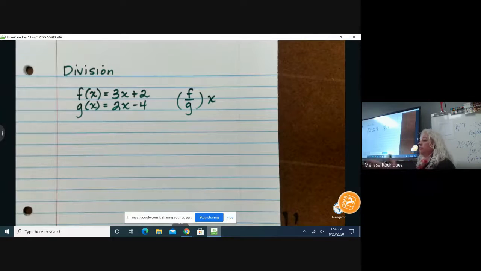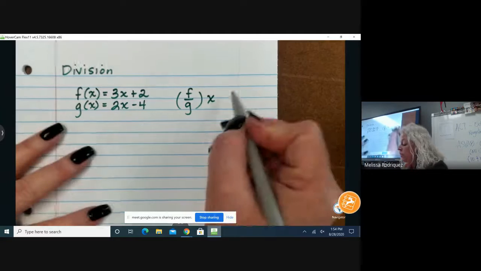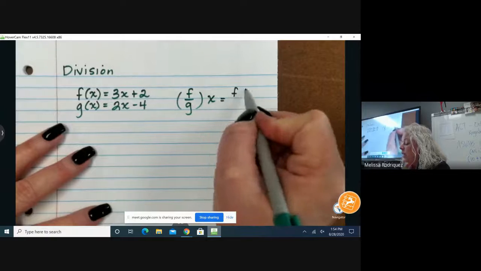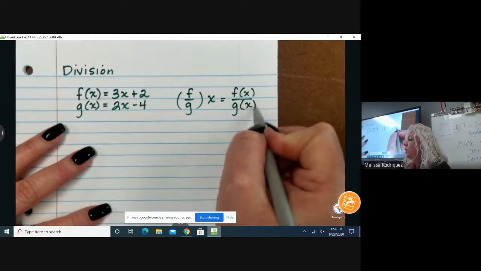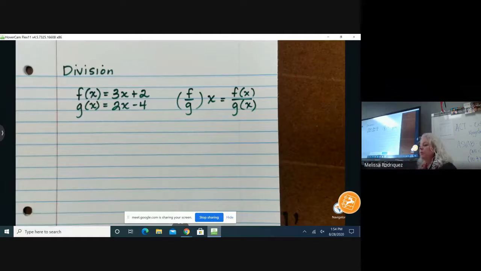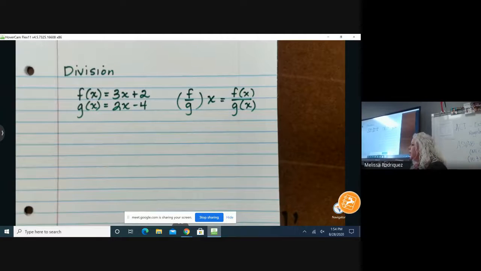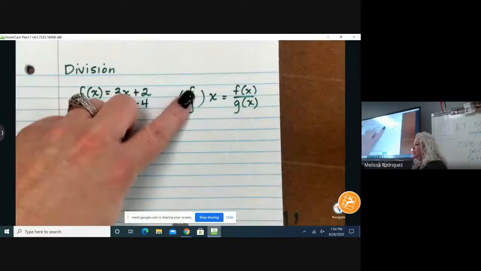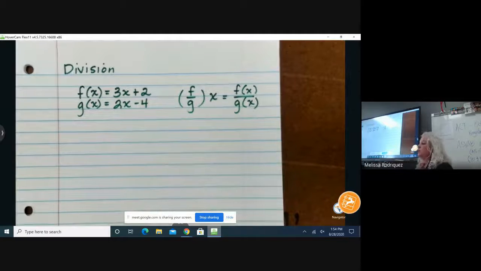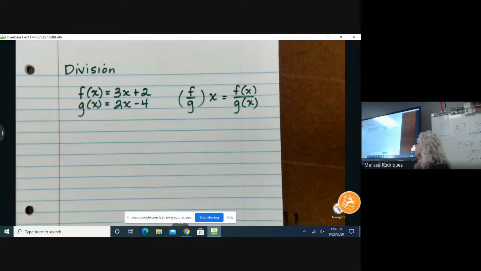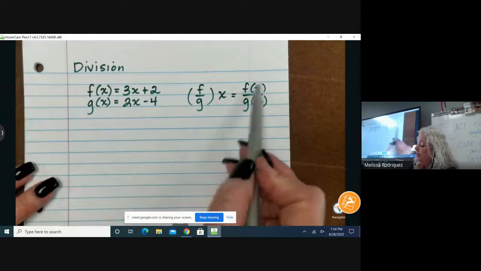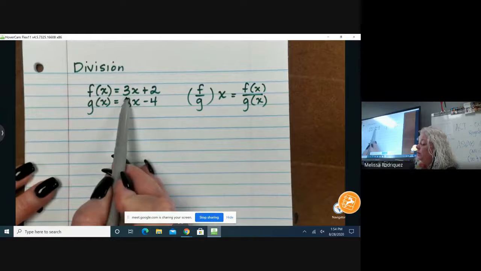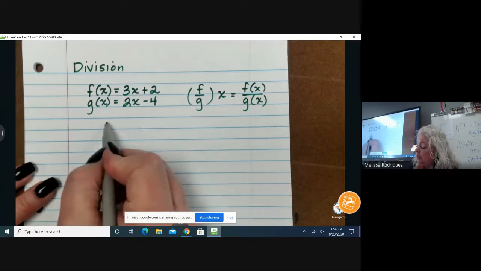So based on what we've learned, we know that this really means to do f of x divided by g of x, right? Even though we haven't done division yet, we know that something like this means to take the f of x and divide it by the g of x. So what is f of x? 3x plus 2. That's going to go on top.